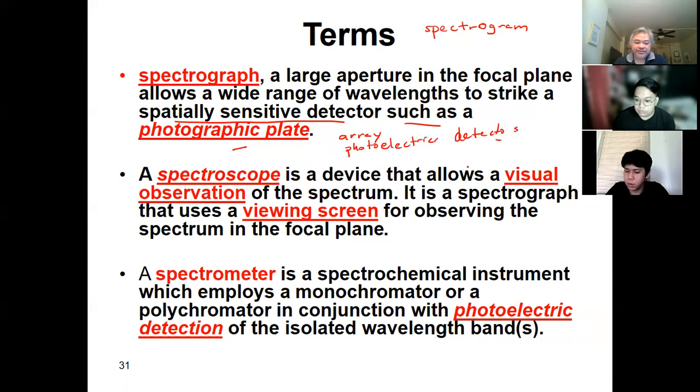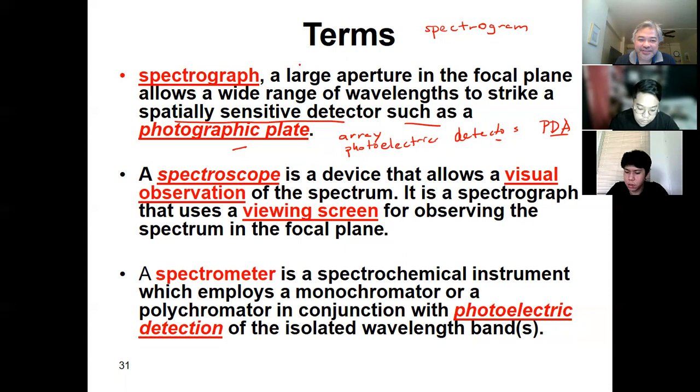Now, an example of this is the PDA, the photodiode array. This type of detector has the advantage that the spectrum can be obtained immediately, without the time required for film development.